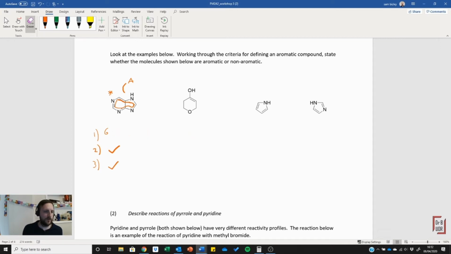So we'll do this now for our next structure. So moving on to this one here. So let's have a look at what electrons we have involved and those kind of things. So the 4n plus 2 pi electrons, well, we know for sure we've got 2 with the double bond. Now, you'll know that oxygen has 2 lone pairs. Now, remember that they need to be spaced out evenly. So remember, they all try and separate out as much as possible. So the lone pairs in oxygen are going to sit here and here.